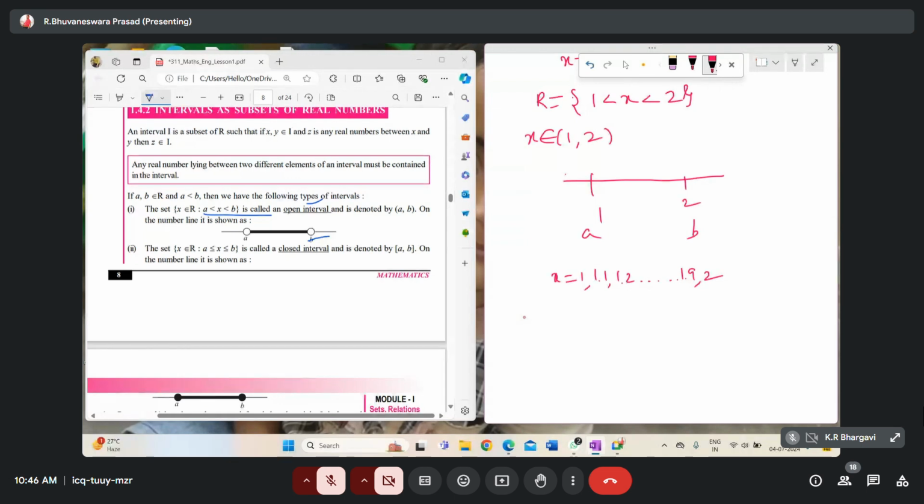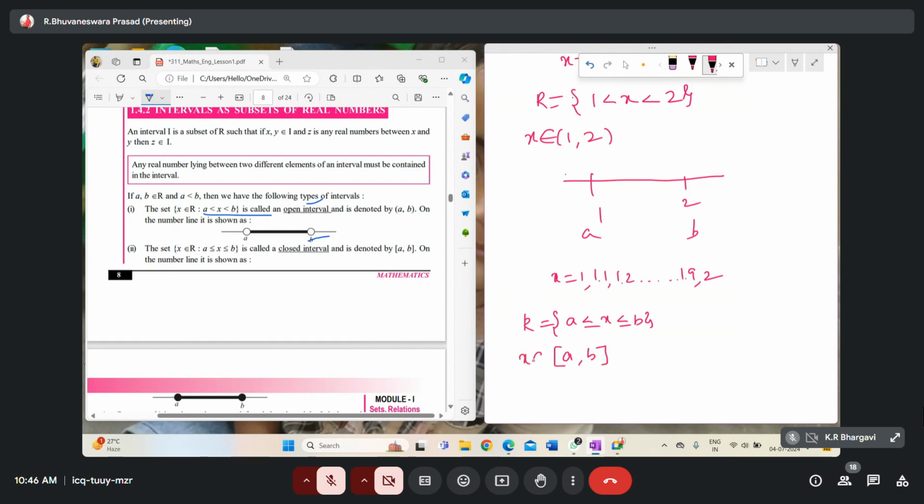Then that interval is a is less than or equal to x is less than or equal to b, right? So this set is in terms of closed interval a to b. Why?